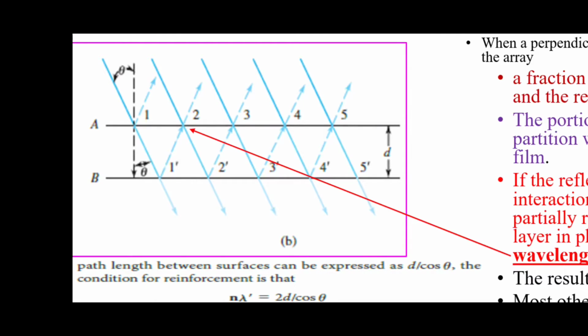For example, in this picture, the number 1, the light waves get impinged on the surface of layer 1, and 50% is reflected, that is denoted as 1, right? And 50% is transmitted to the next layer, right? From there, in the next layer, it again gets transmitted and reflected.